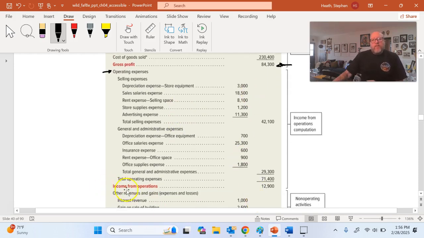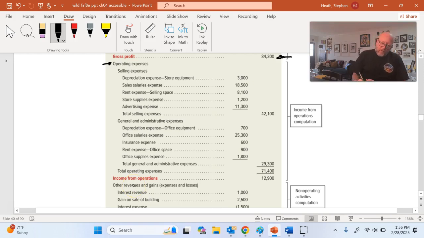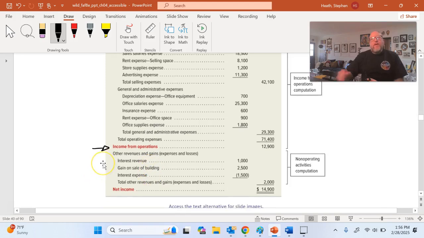Down here, we've got income from operations, and that's just saying, hey, listen, our day-to-day business, this is the income that we're generating. And then we have other revenue and expenses. If we're lending money and we're earning interest on the lending of money, if we sold a building or some physical assets that we'll talk about in later chapters, all of that stuff kind of belongs down here at the end.